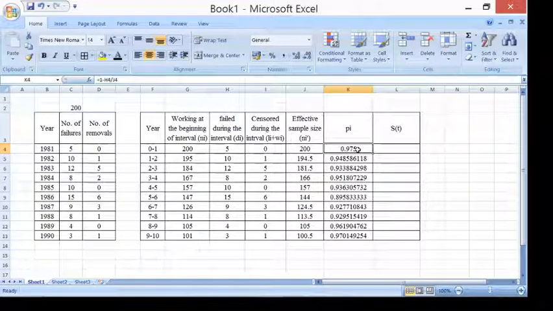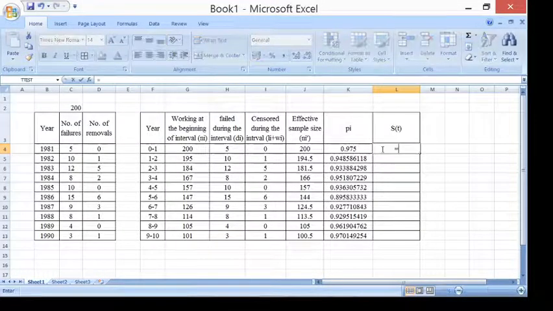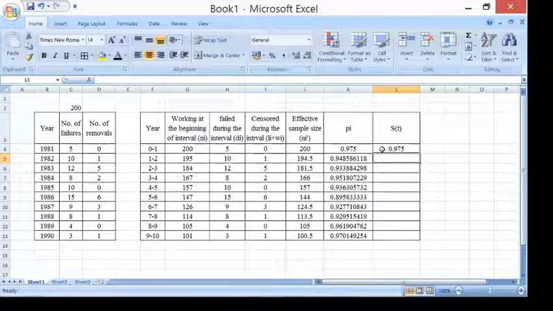Actually this is a conditional probability: you have to be alive at time point 1 given that you are alive at time point 0. Since 0 is the origin, by default you are alive at time point 0. So even if it is unconditional probability, it is as good as conditional probability. So this value will appear as it is here. I will just give the cell address of that value, so it will appear as it is.